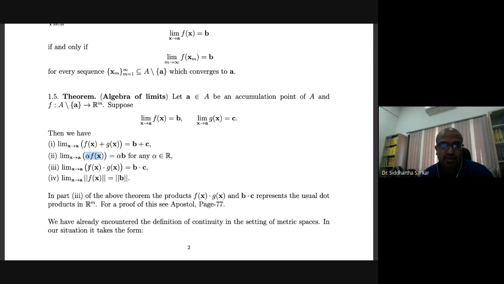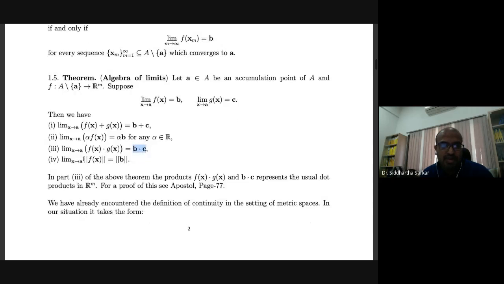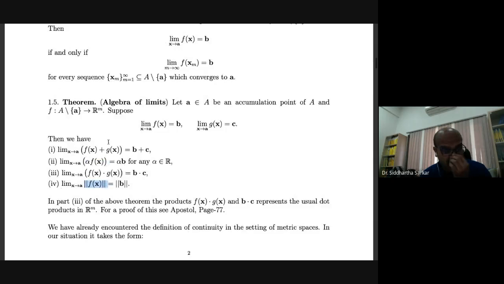If you take the dot product of f(x) and g(x) and take the limit as x approaches a, it ends up being the dot product of the limits of those two individual functions. And the same, if we take the norm, the norm of f(x) converges to the norm of b as x approaches a. These things are routine verifications, playing with epsilon-deltas, and you can easily verify this.